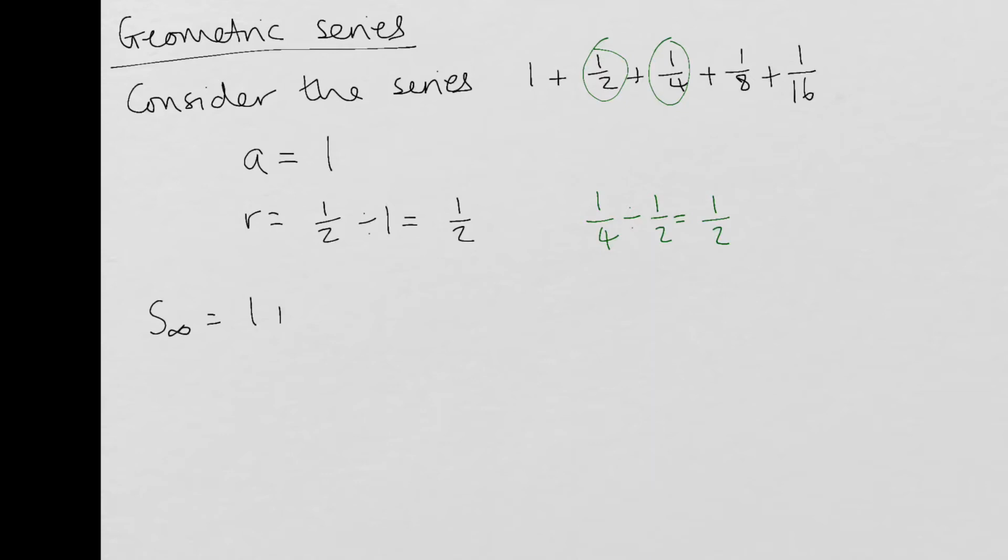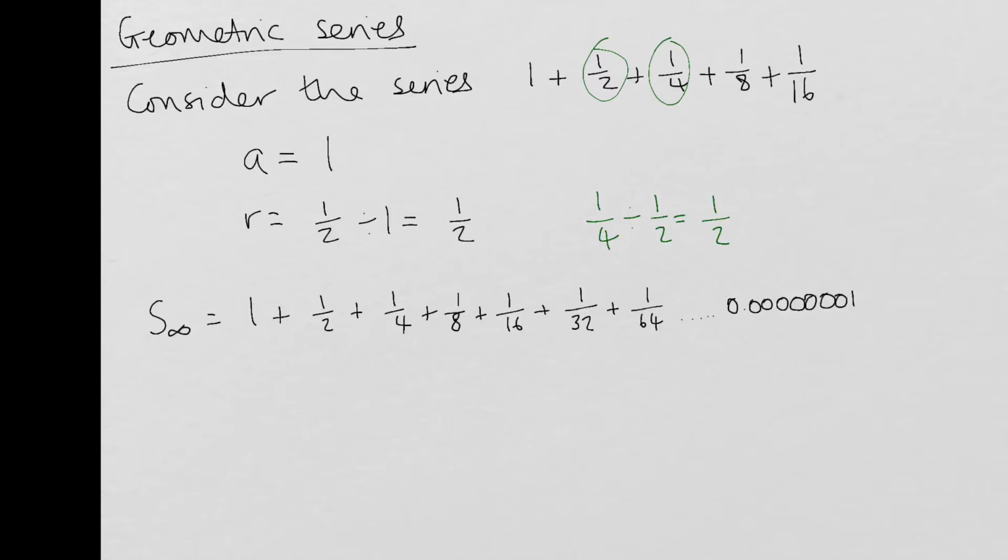Now with this, if we consider what happens as we take the sum to infinity. So I'm adding on 1, then I'll add on a half, then a quarter, then an eighth, and then a 16th. And then the next term would be 1 over 32, and the next one would be 1 over 64. And if I consider going on, let's say to the 100th term, or the 1000th term, or the 10,000th term, I'm going to be adding on such a small, and potentially insignificant number that when I consider adding all of these numbers up together, it's going to tend towards a specific value.